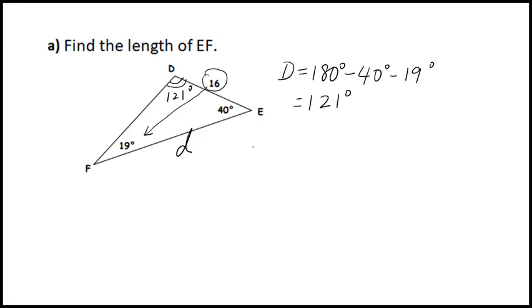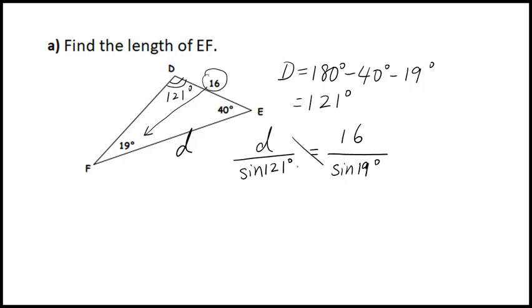Then we know for this 16 the corresponding angle is 19 degrees. Therefore, we can write down the sine law. That is d over sine 121 degrees equals 16 over sine 19 degrees.